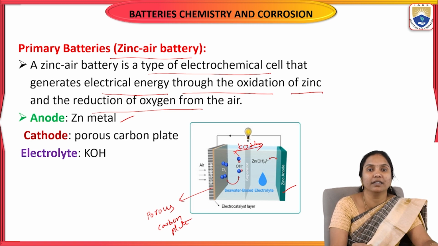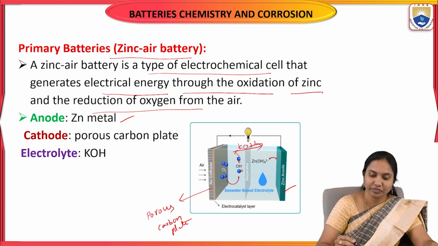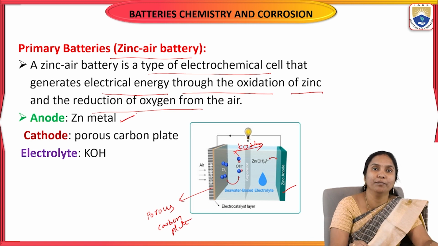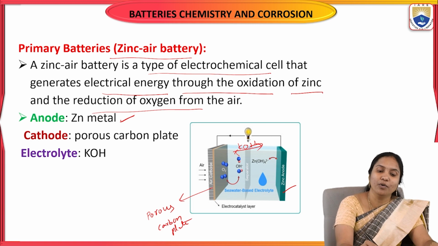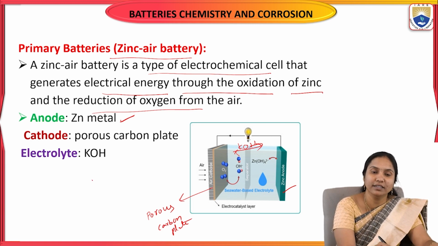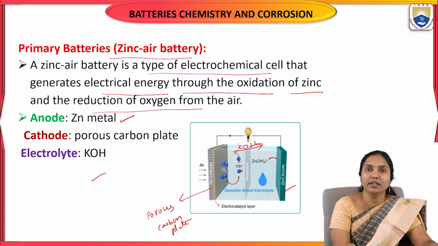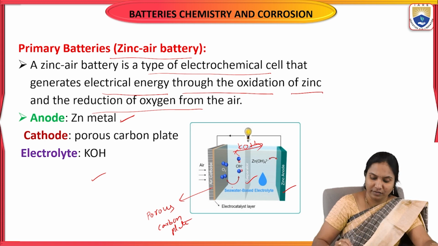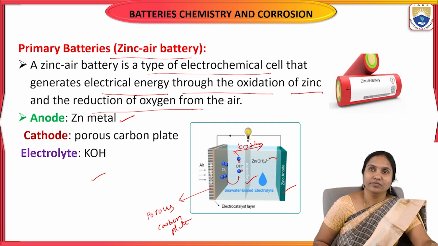It generates electricity through the oxidation of zinc and reduction of oxygen at the carbon plate. The anode is zinc metal, the cathode is the porous carbon plate, the electrolyte is KOH, and the two are separated by a separator, which allows the transfer of ions through the electrolyte. So this is a zinc air battery.